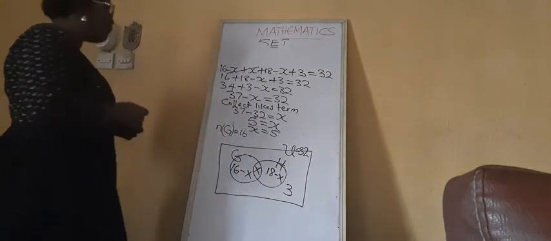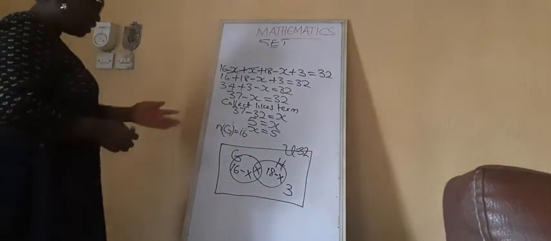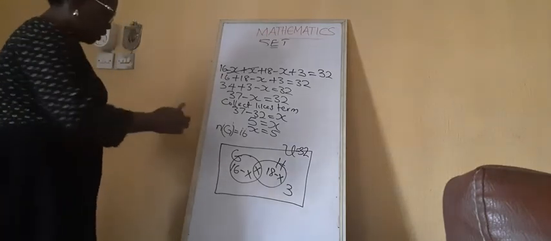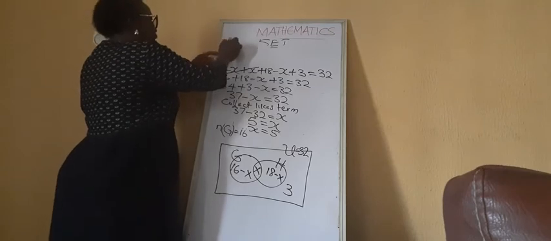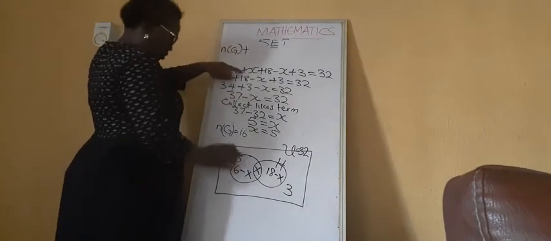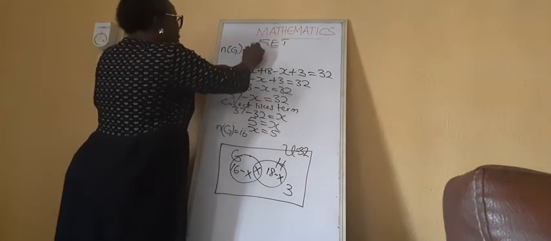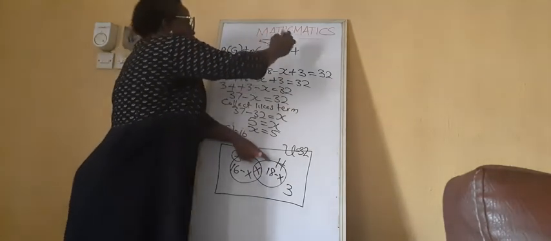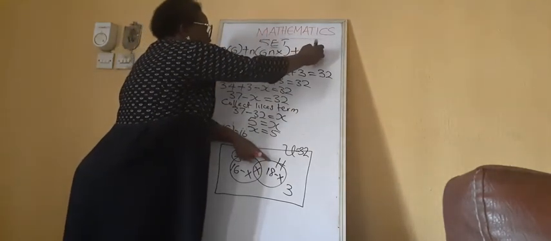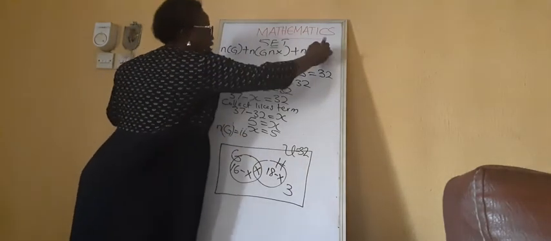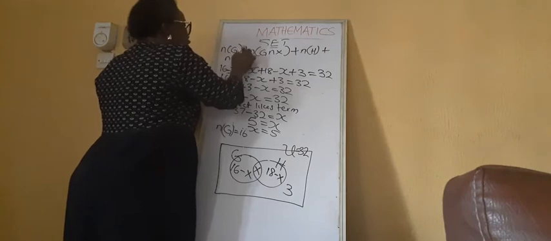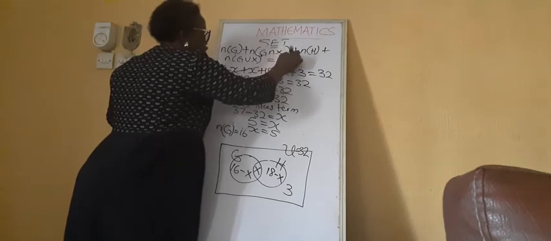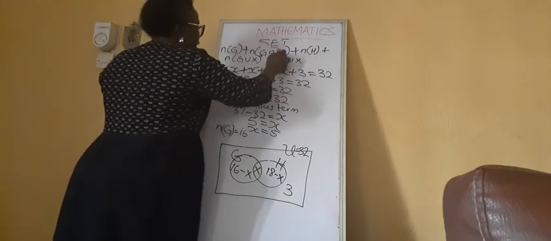Now let's try to interpret. That's the mathematical aspect of it. To interpret, when you have 16 minus X, it means the number of G only, plus X, the relationship between them, the number of G intersection H, plus the number of H only, then there's the one that is outside, which is the number of G union H prime, is equal to G union H, which is the universal set.